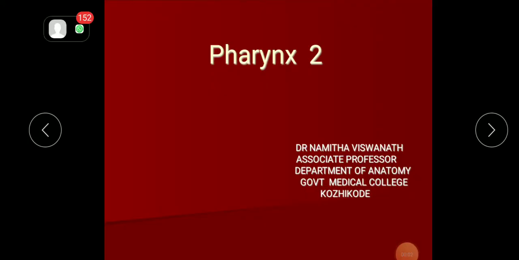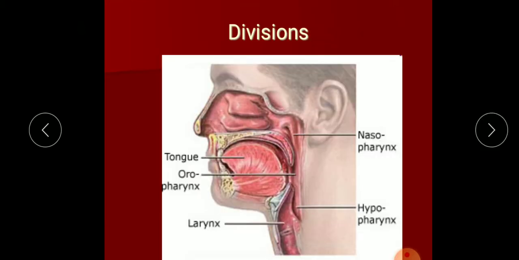Now we are continuing with the second class on pharynx, and in this session we'll be dealing with the interior of the pharynx. You already know the subdivisions of the pharynx: it is subdivided into nasopharynx, oropharynx and laryngopharynx.